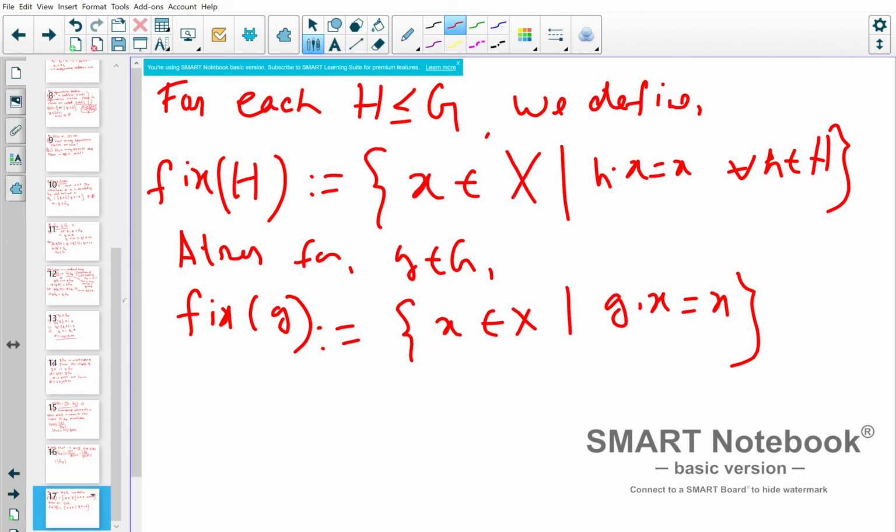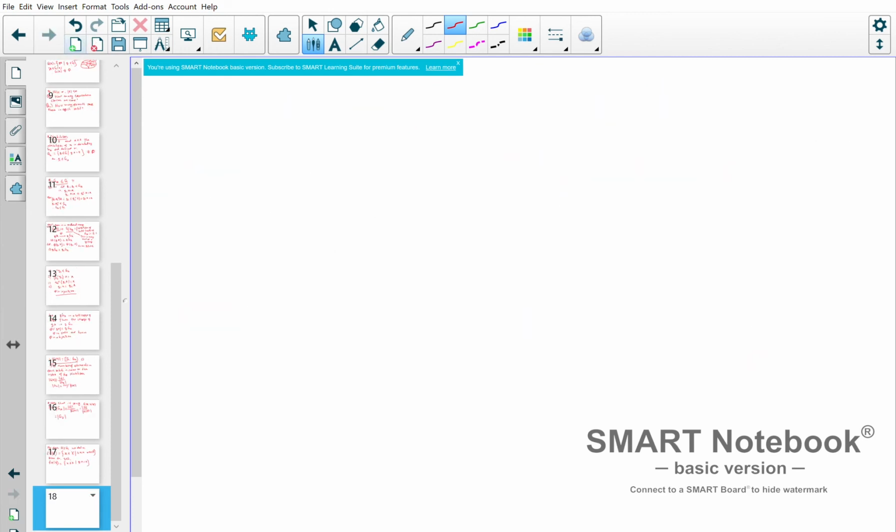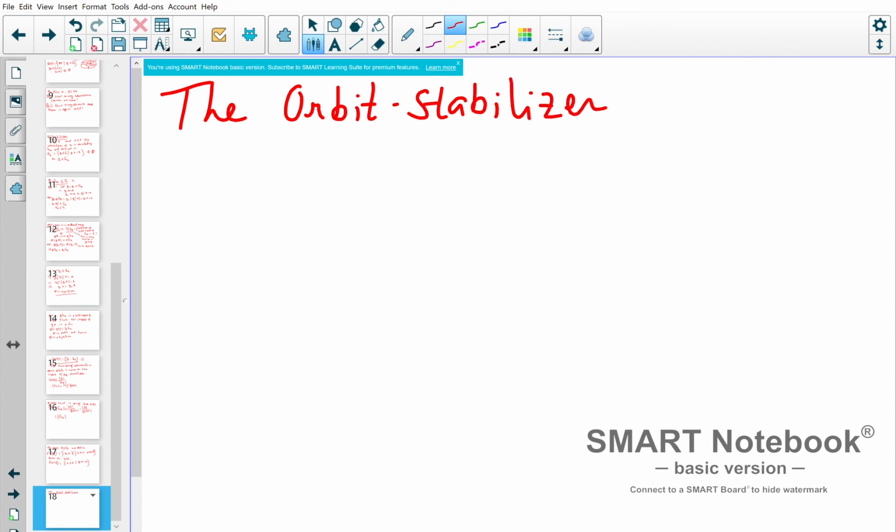So now with the help of all those things, let us define the most important theorem of today's class, called the orbit stabilizer formula.